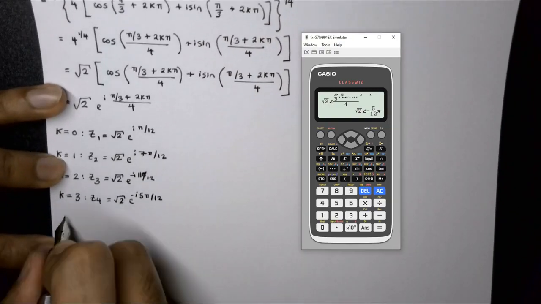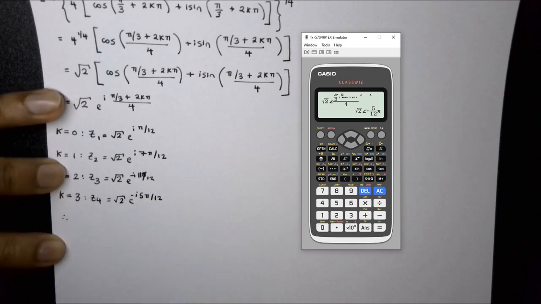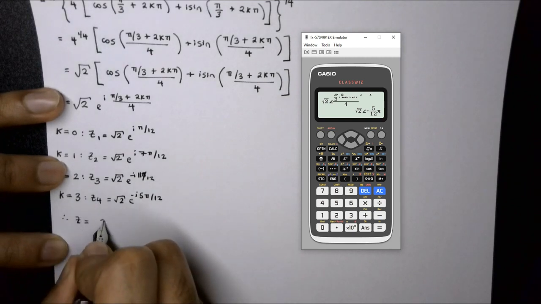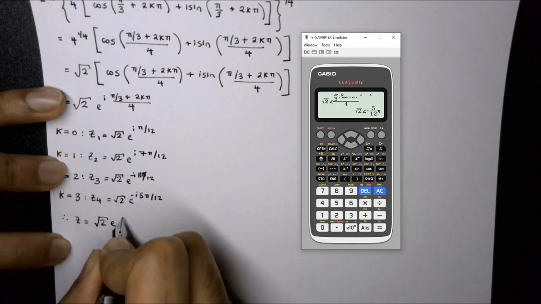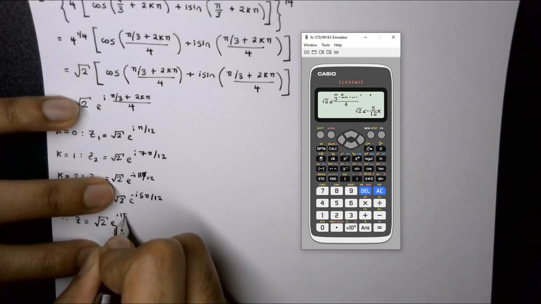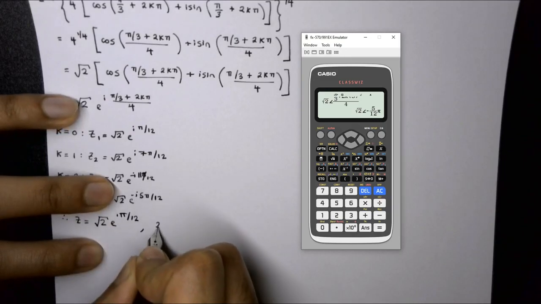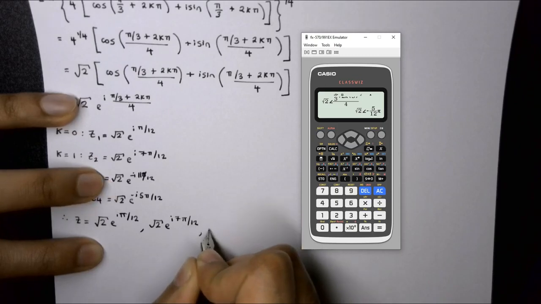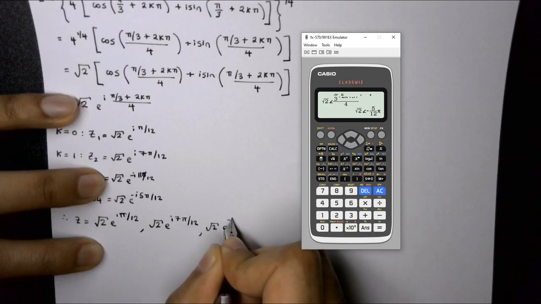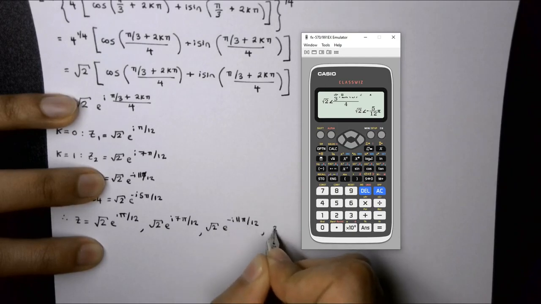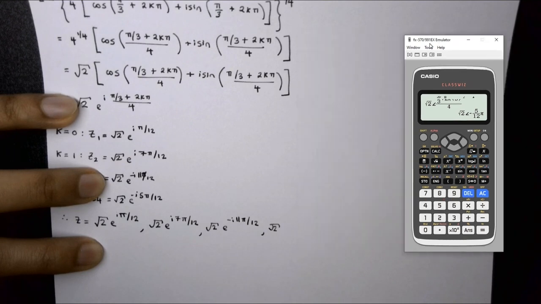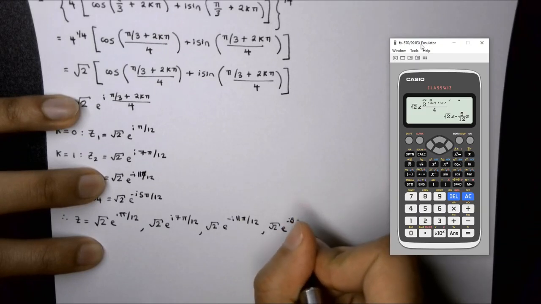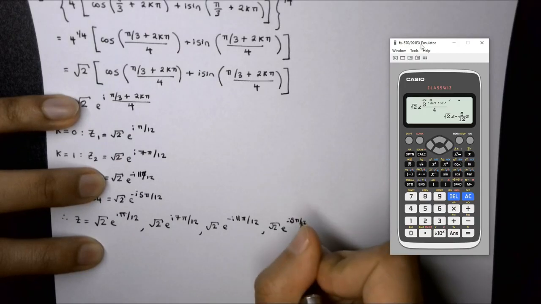So therefore, in conclusion, what we end up with is z equals root 2 e to the i pi over 12, root 2 e to the i times 7 pi over 12, root 2 e to the minus i times 11 pi over 12, and root 2 times e to the minus 5 pi over 12 times i.